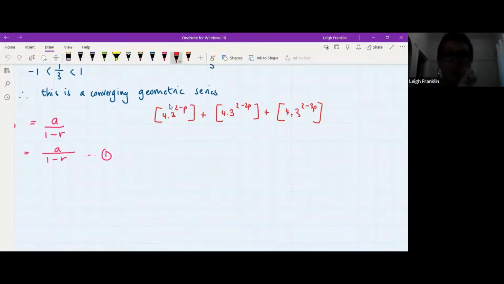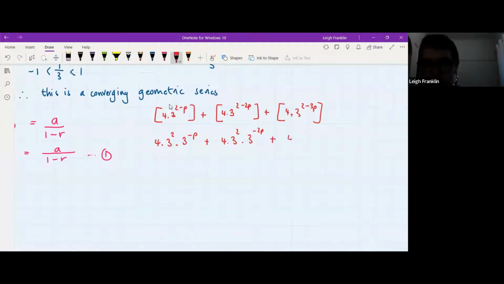If we now simplify this, we've got 4 times 3 to the 2 times 3 to the minus p, plus 4 times 3 to the 2 times 3 to the minus 2p, plus 4 times 3 to the 2 times 3 to the minus 3p, and on the sequence would go.